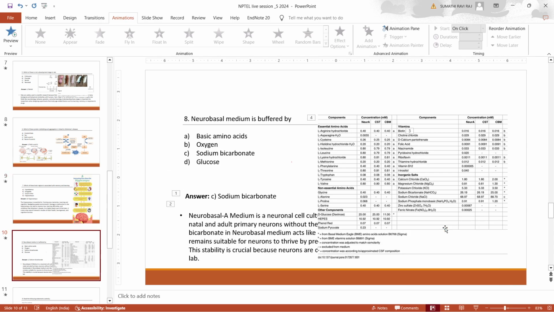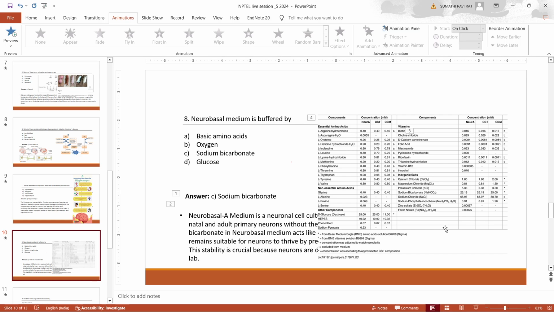Okay. Next is your neurobasal medium. So here we spoke it's for neuronal cell culture, for postnatal and adult primary neurons, and it is buffered using sodium bicarbonate, with CO2 for the sodium bicarbonate to buffer.